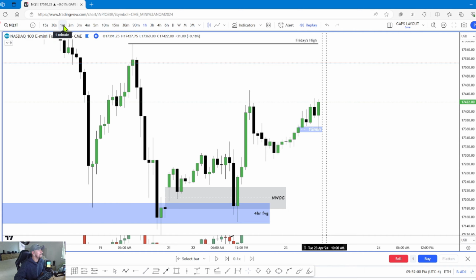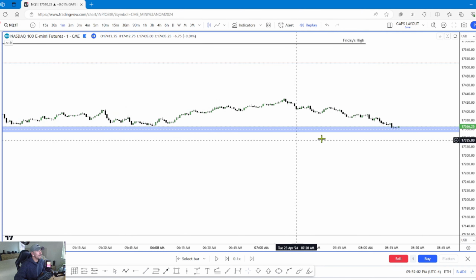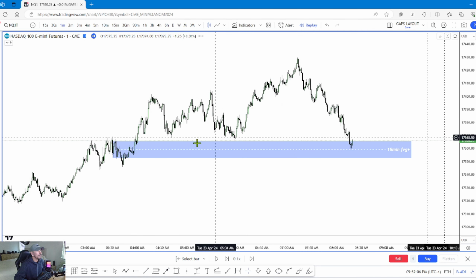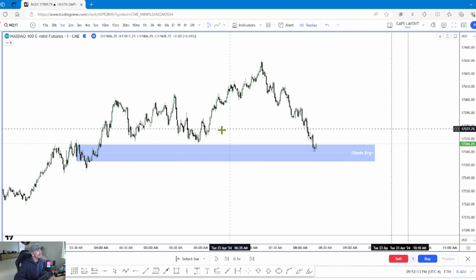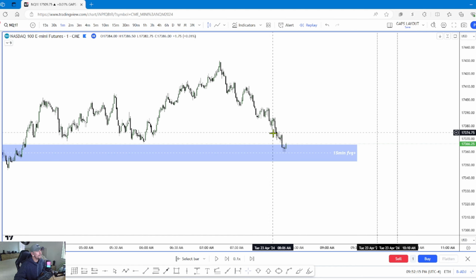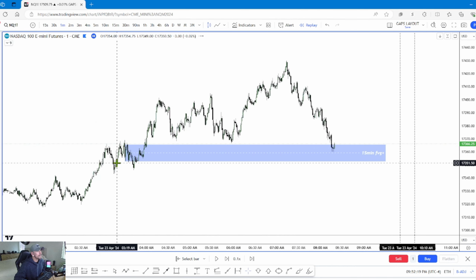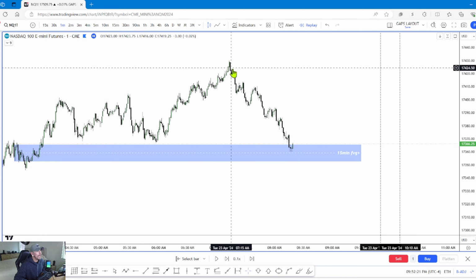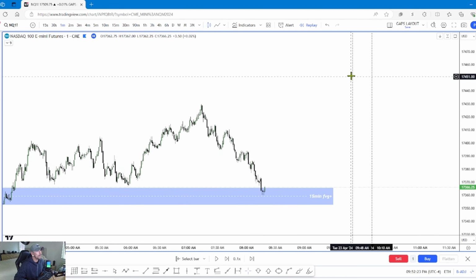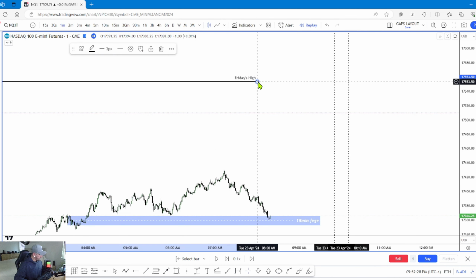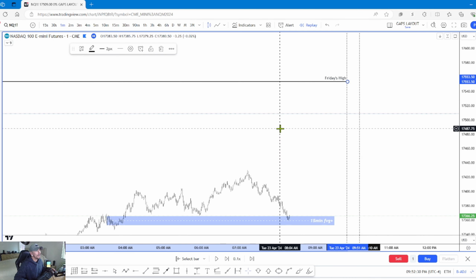So if we drop down to our 1-minute time frame, we can see we have this 15-minute that we have been coming out of since the London session. We have this retracement into the New York session. So we know that typically into New York we'll get a retracement before a continuation. So our target in drawn liquidity is going to be Friday's high.